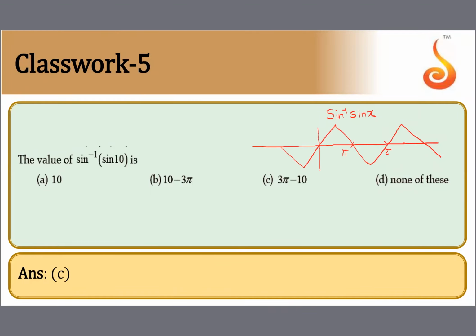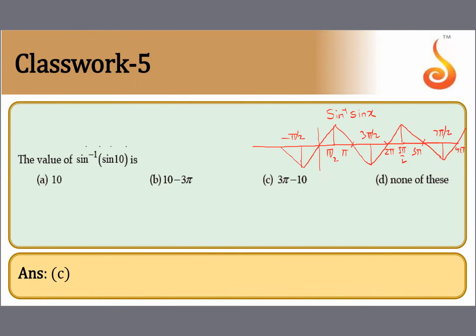This is 2 pi. This is 3 pi. And this is 4 pi. This is minus pi by 2. This is plus pi by 2. This is 3 pi by 2. And this is 5 pi by 2. And this is 7 pi by 2. Clear?